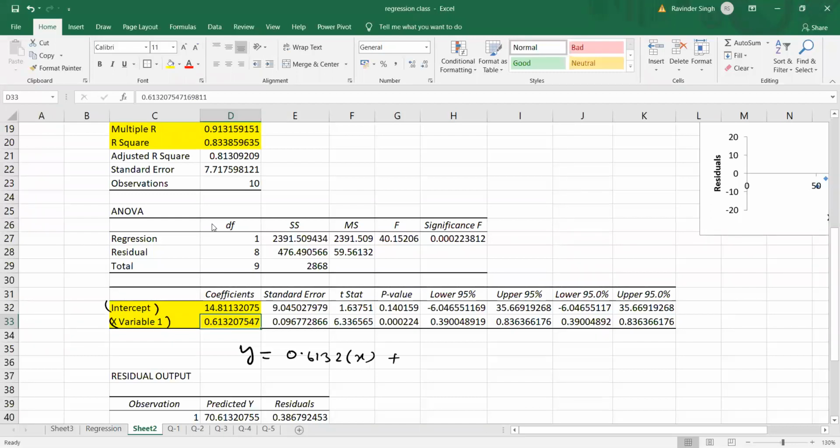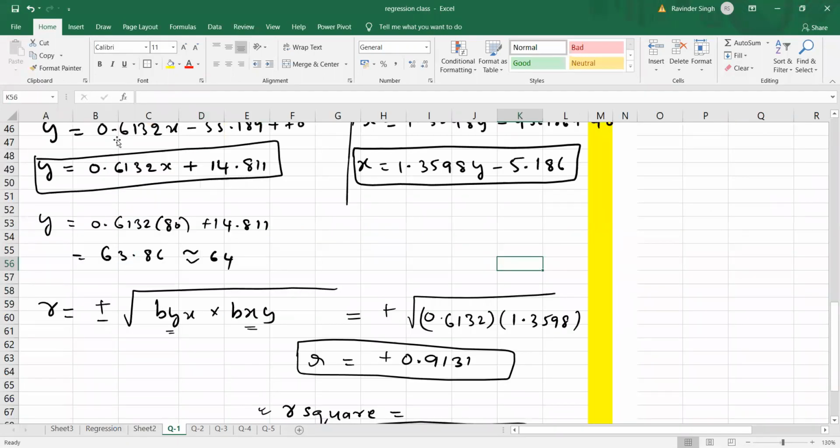Intercept means the constant value, which is 14.811. This is what we have got here. Next, let us check the R value.